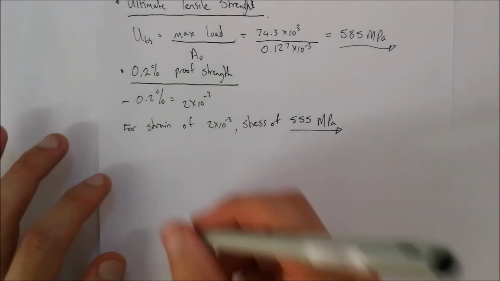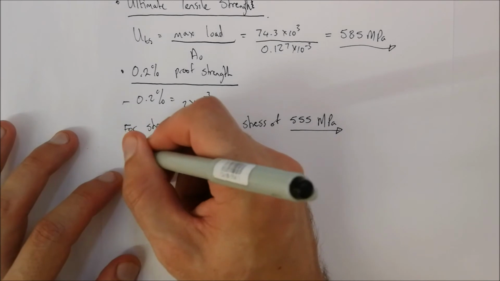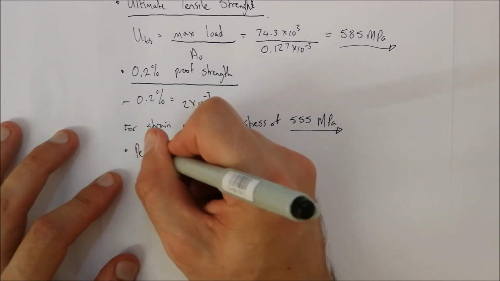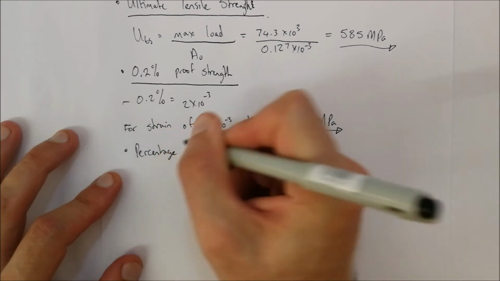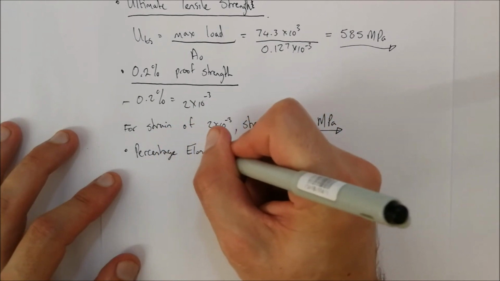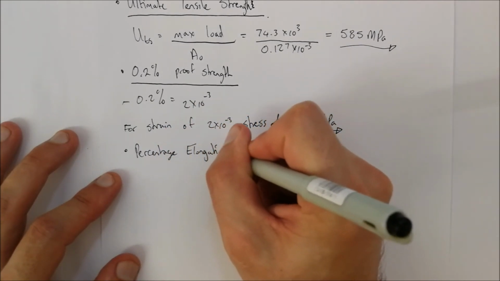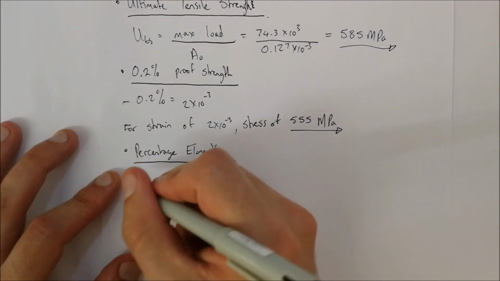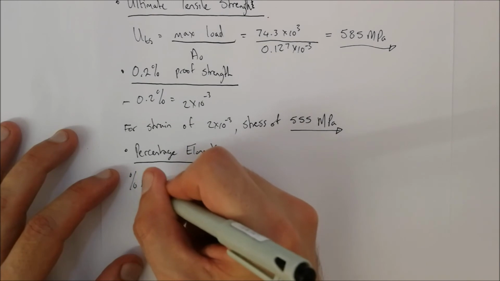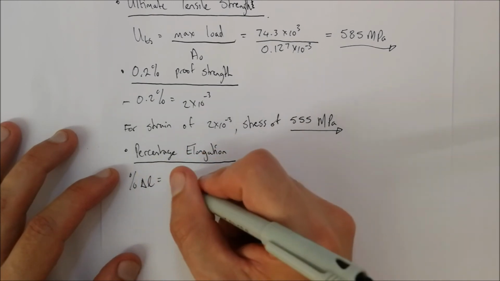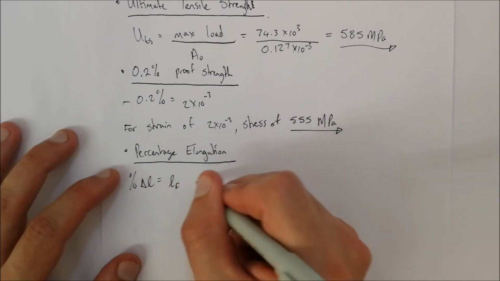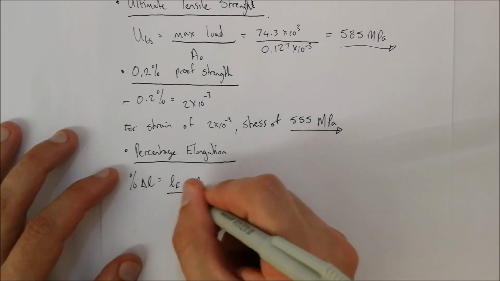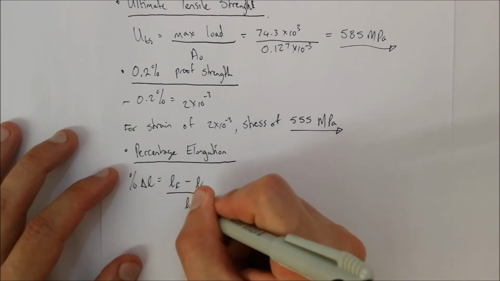Now the next thing that you could be asked or have to calculate is a percentage elongation. Remember that the percentage elongation is equal to the final length minus the original length over the original length.